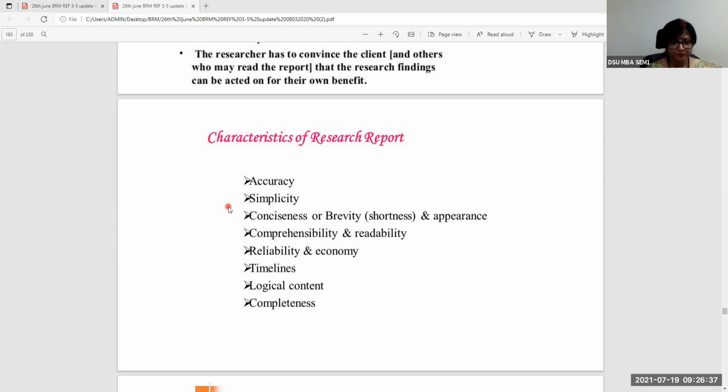That means, for example, if you're using English as the primary language for writing the report and you need to translate it into Mandarin, the Chinese language, or you need to translate that English report into French, then you must use translators who should be at least bilinguals, meaning somebody who will understand English very well and Mandarin well, so that they will be able to translate your English report into the Mandarin language.